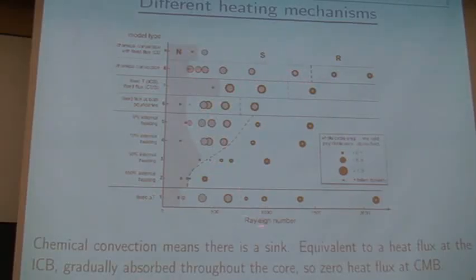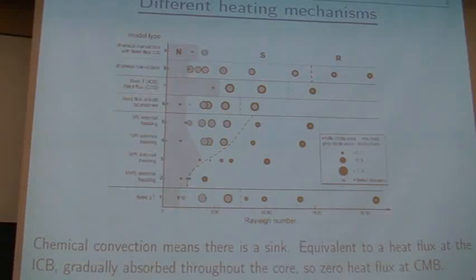So the picture is basically the same. Here we have a model for compositional convection, which consists of a fixed flux occurring at the inner core boundary, which is gradually being removed as the mixing occurs, so that nothing is coming out of the top. That's another version of the same thing with a slightly different chemical compositional boundary condition, but not giving you significantly different results.